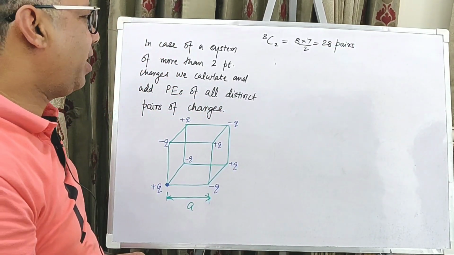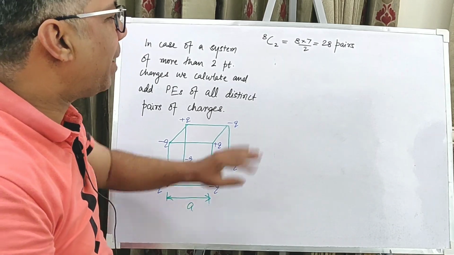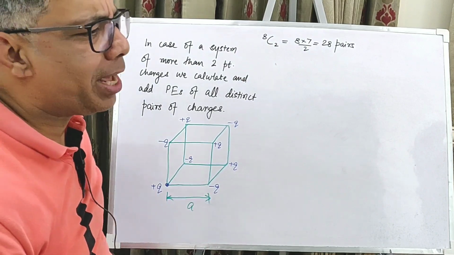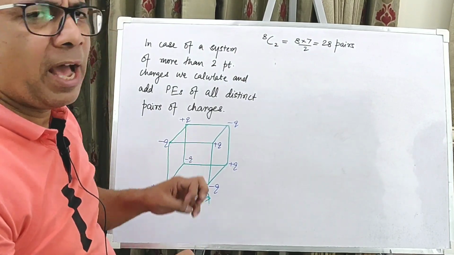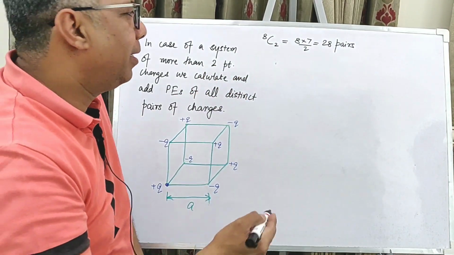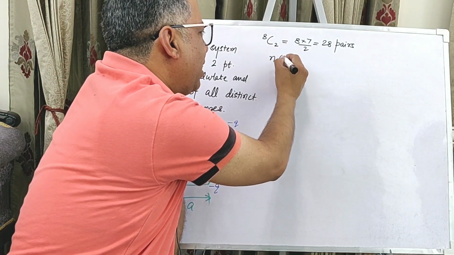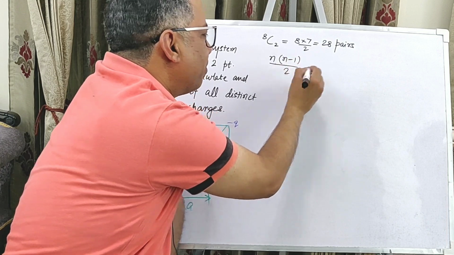Those of you who are not very conversant with the mathematics of combinations and permutations, what I can suggest is that if you have n different objects, then the number of different pairs can be calculated by the formula n into n minus 1 by 2.